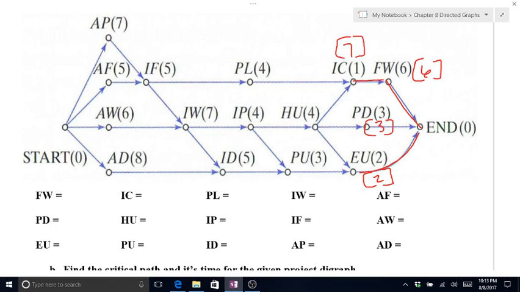Your biggest one is IC, so that makes this 11. EU is the only one that goes back to PU, so that gives me 5. Both of these lines go back to IP from HU and PU. My biggest one is 11, so that makes this 15.